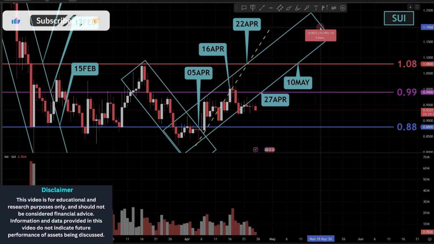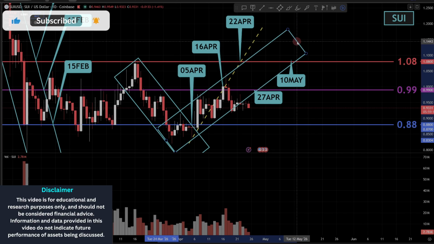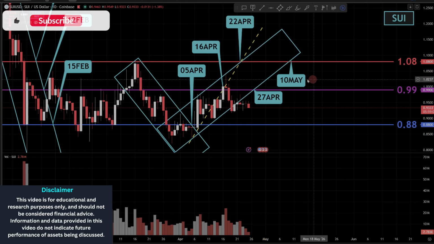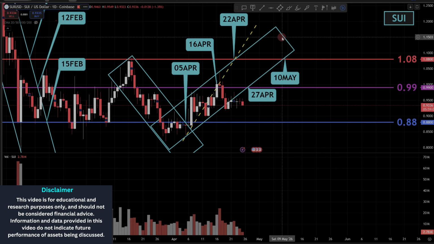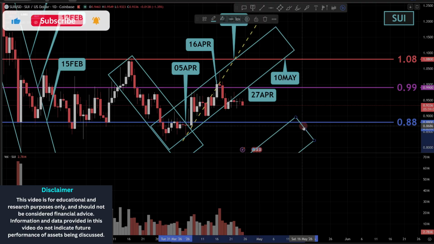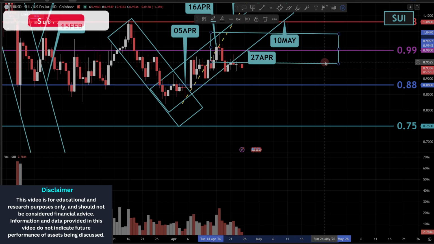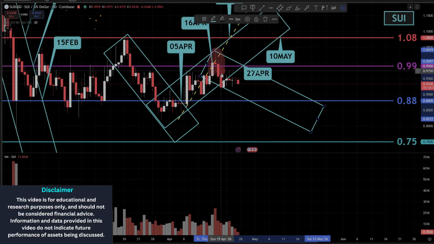I'm keeping this channel box over here, just adjusting it a little. Shorten it. I'm keeping those dates over there in case it shoots back up, but that's where we have to start drawing a new channel box if this is really coming down, because we see a little bit of a U-turn sign over here.